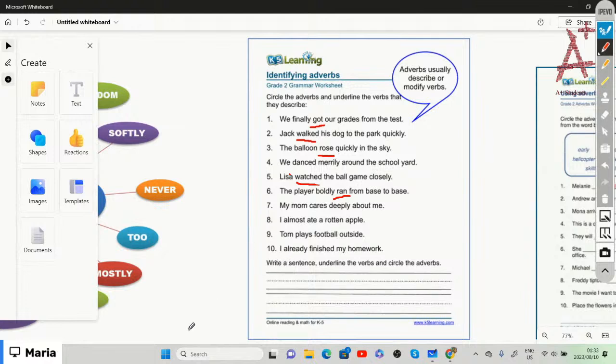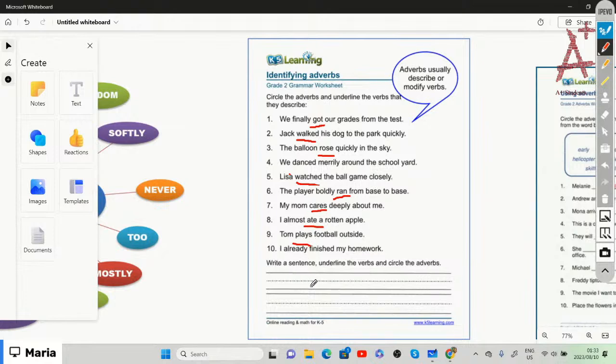My mom cares deeply about me. So cares. I almost ate a rotten apple. So ate is our verb that we have underlined within the sentence. Then Tom plays football outside. So plays.